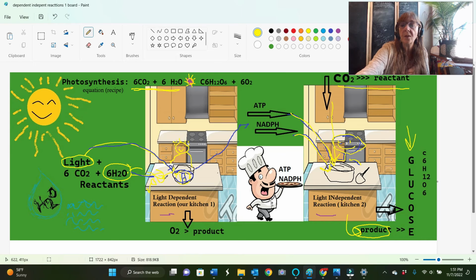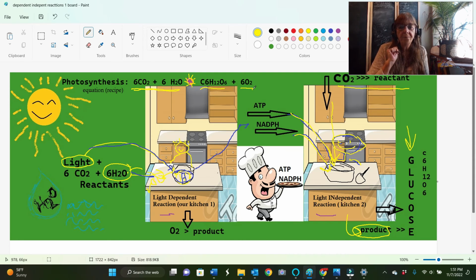It's got to be mixed with our light. Then the two products in the photosynthesis equation are glucose, that's one product, and the other product is oxygen, O2. We need 6 O2s. So like 6 eggs, but 6 O2.